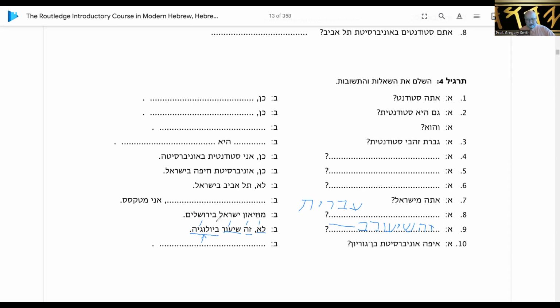It's not "in biology," it's "this lesson is biology." That's what that's saying. And then shiur, this lesson, I could say ba-ivrit like this. Zeh shiur ba-ivrit, this lesson in Hebrew? And the answer is lo. This lesson is biology. All right, let's see what they decide to come up with.